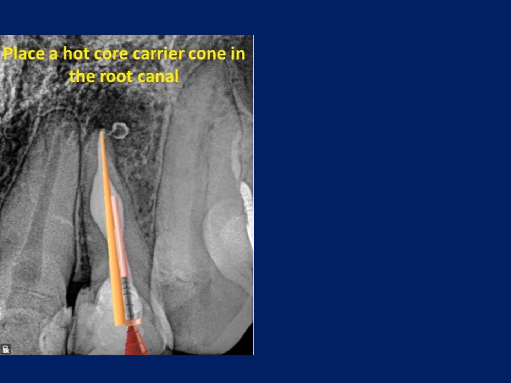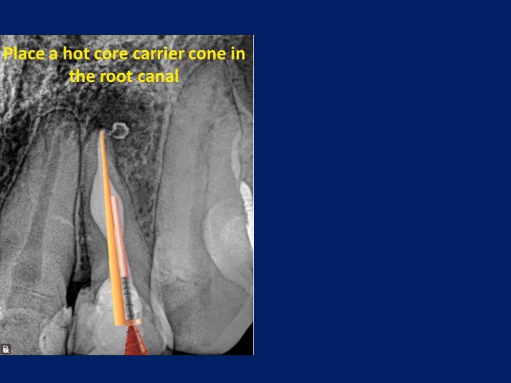So in order to make the area of internal resorption be filled and push the sealer, I used a thermophil cone, a hot thermophil cone, and I placed it mesial to the master cone.